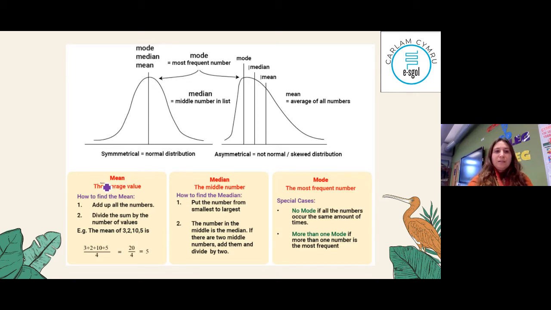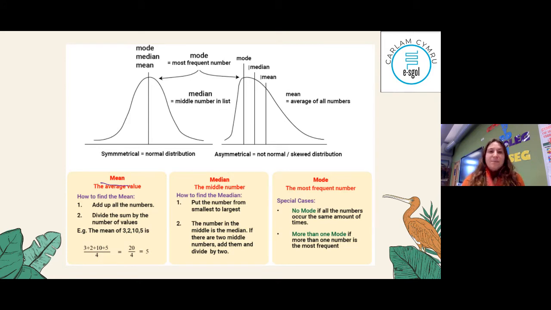So your mean, as you can see here, is your average value. Hopefully you're well accustomed now with calculating the average. You add up all the numbers and you divide by the number of values you have. Okay, so there's an example given below. I add them all up. I've got 4 sets of results, so I divide by 4.